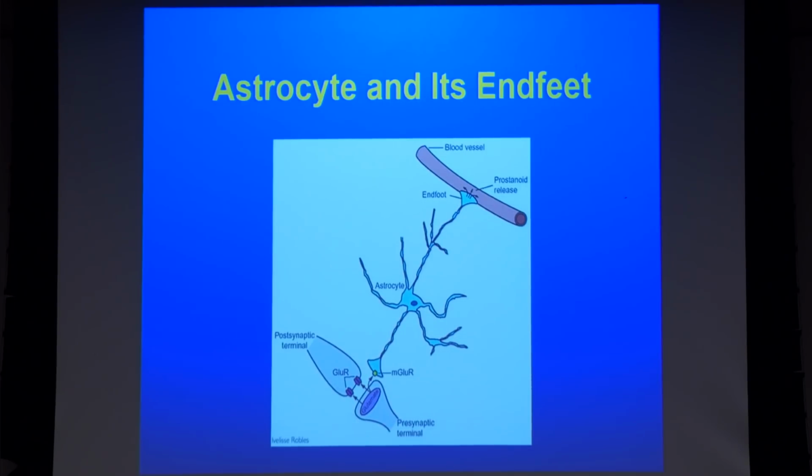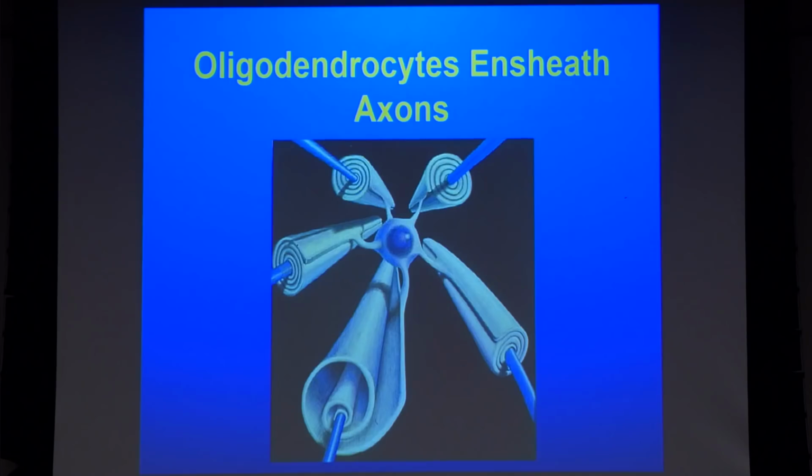So they're regulating the extracellular concentrations by moving excess molecules out to the blood and getting rid of them in the blood. Then here, this is a picture I like. It looks like Starship Enterprise, and this is meant to be the cell body of the oligodendrocyte, and it shows how these jelly roll structures are being sent out and wrapping around the axons.